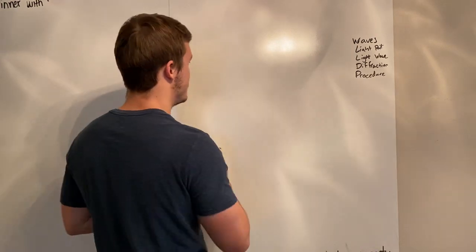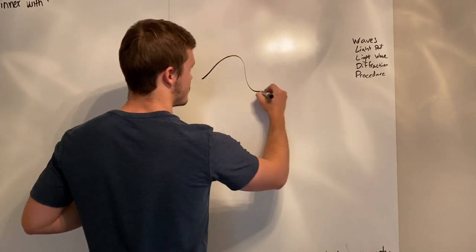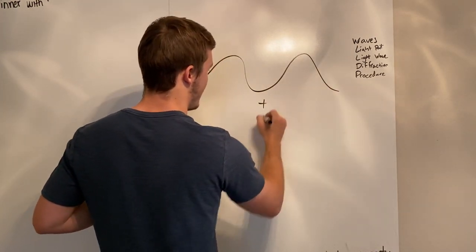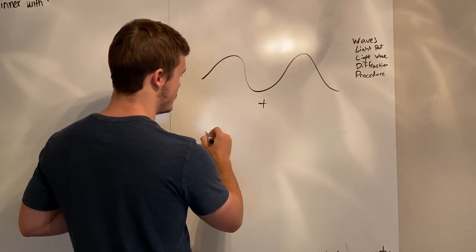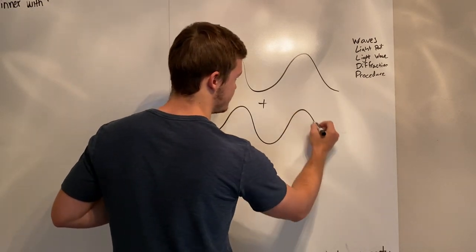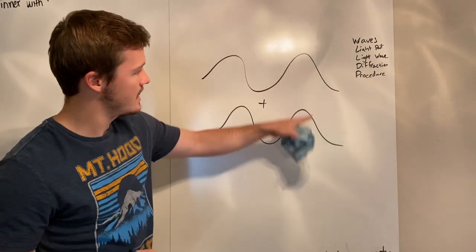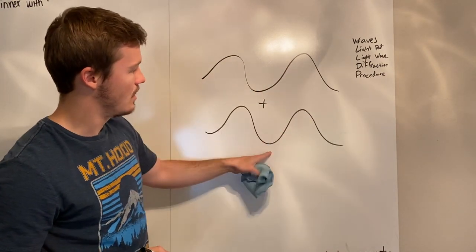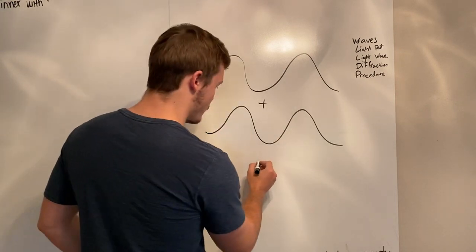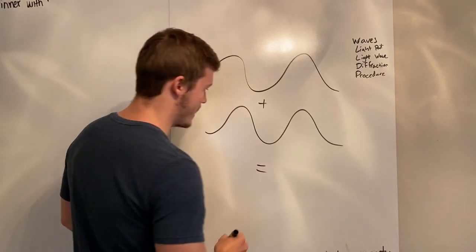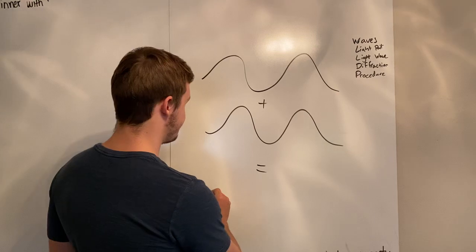If I have a wave like this, and I add that to a wave that also looks about the same, you can see that the peaks line up, and the troughs also line up. So when I add these up, what does this equal?